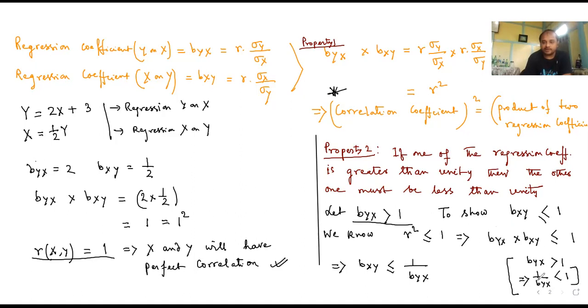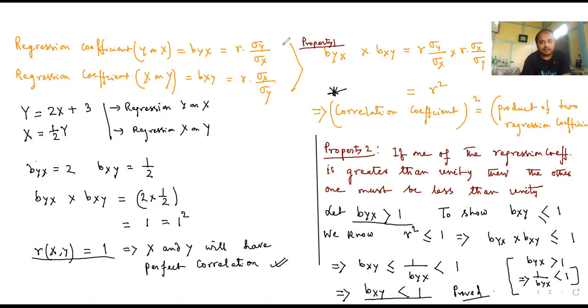So here we have obtained bxy as less than or equal to 1 by byx, which is less than 1. So this implies bxy is less than 1. So the result is proved.